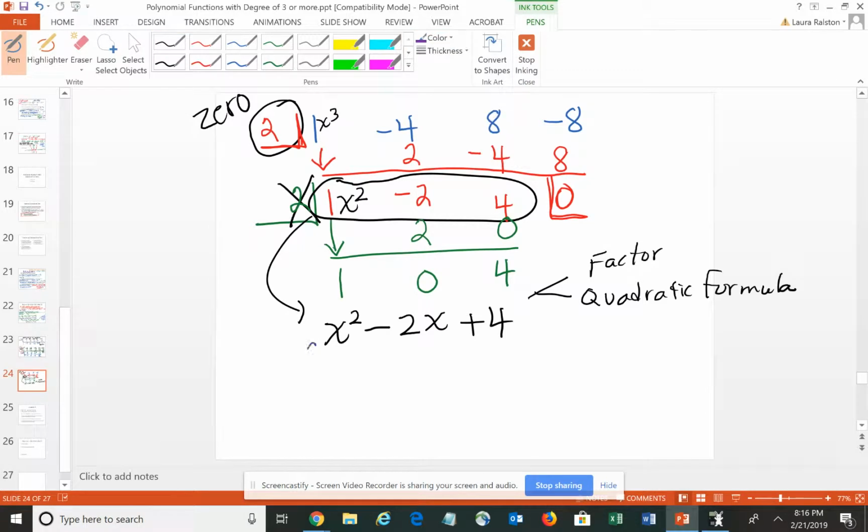So in the quadratic formula, A is the understood 1, B is the -2, and C is the 4.